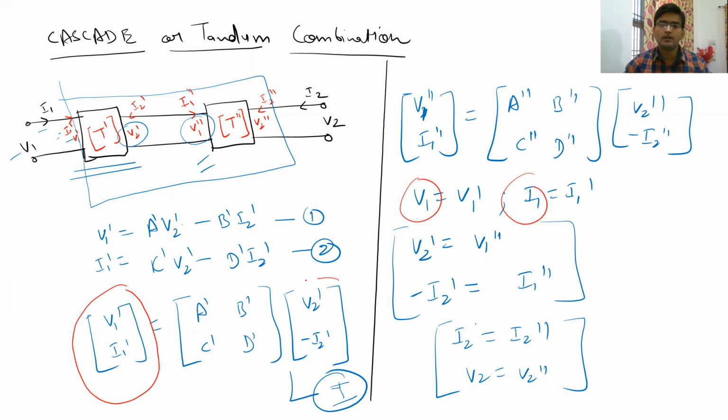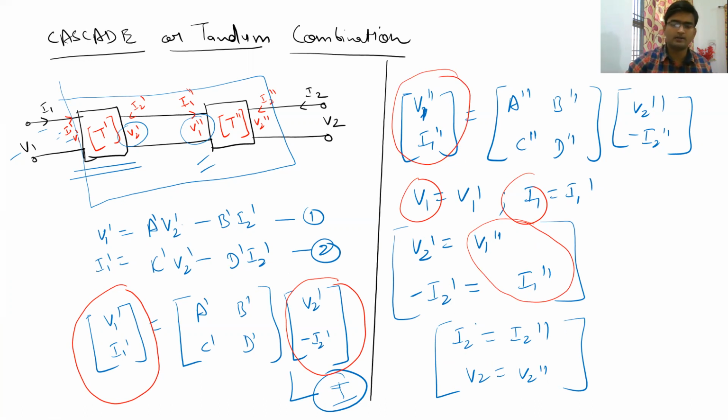And also you can replace V2' and minus I2' with V1'' and I1'', which is in turn the equation of this. So let me write it step by step. In the first equation, I am replacing V1' and I1' with V1 and I1, and V2' and minus I2' with V1'' and I1''.